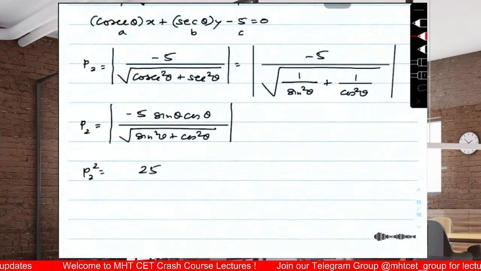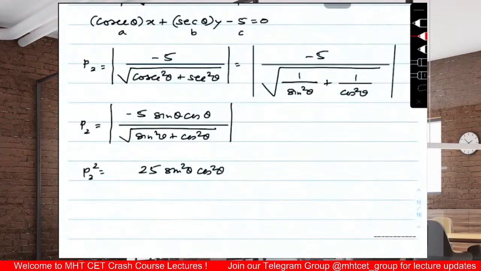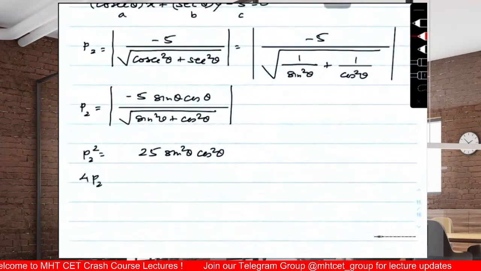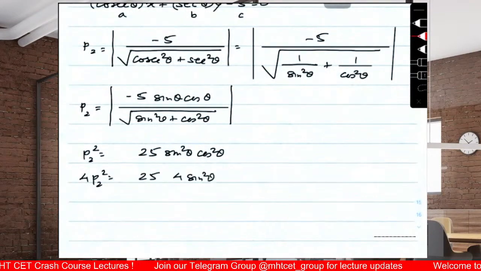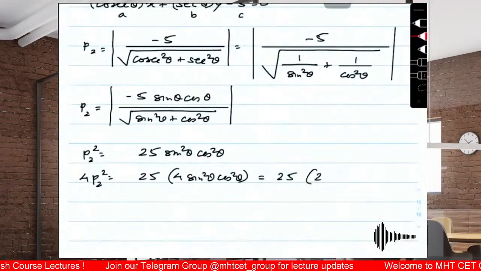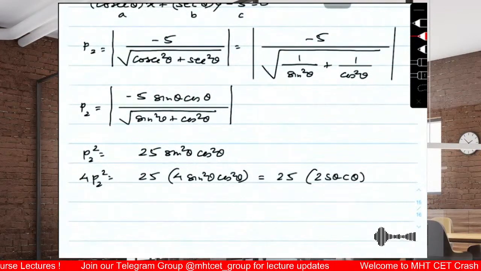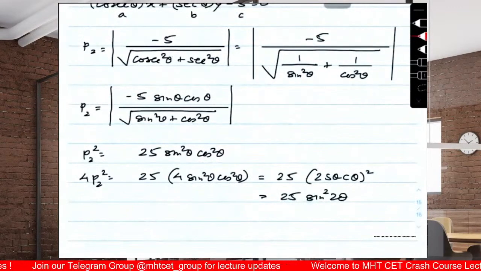P2 square will be 25 sin square theta cos square theta. So 4 P2 square will be 25 into 4 sin square theta cos square theta. 25 into 2 sin theta cos theta the whole square, that is 25 sin square 2 theta.